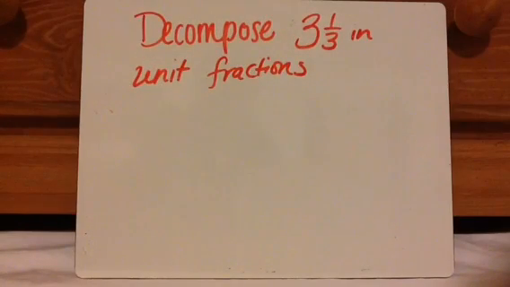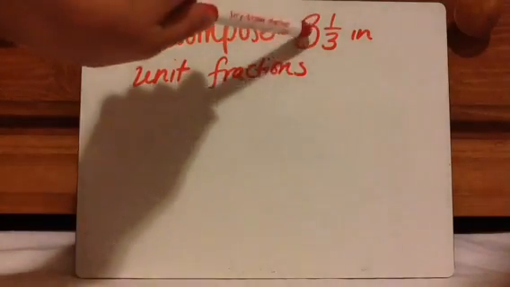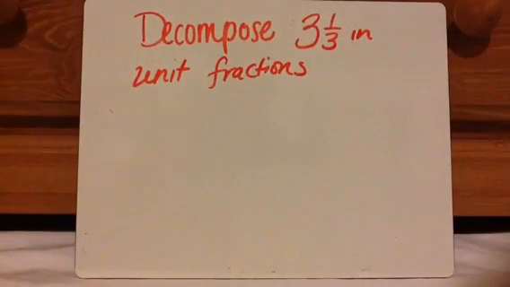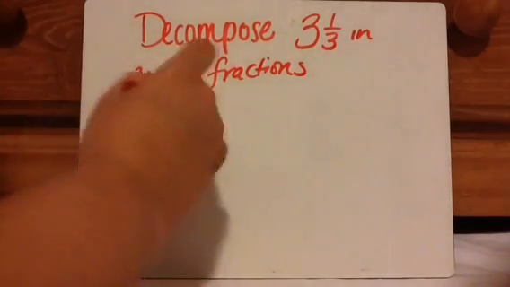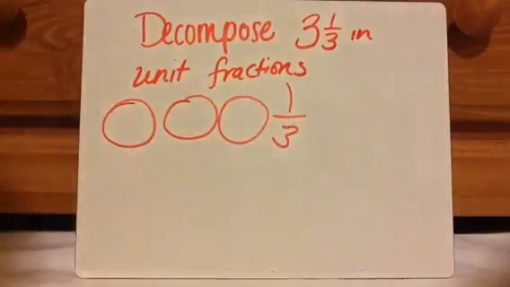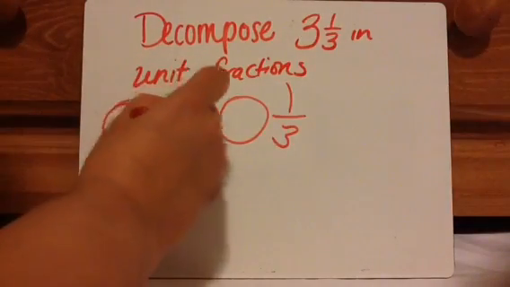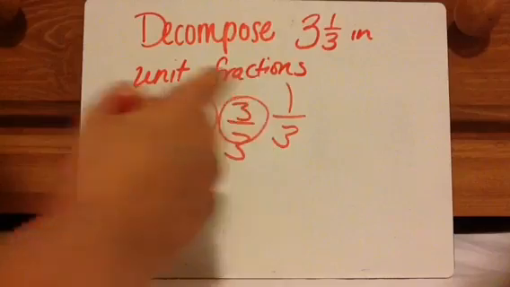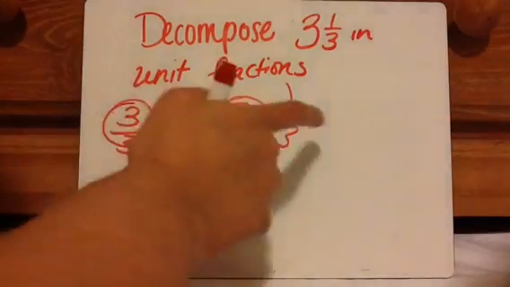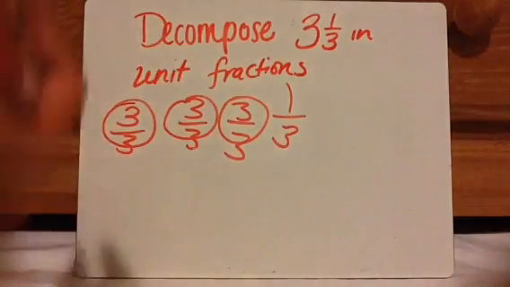So I want you to try this one, decompose 3 1/3 in unit fractions. I am aware that this is more than 1, and so it's the same strategy. See if you can do it. Okay, so think of 3 wholes and then 1/3 on the side. So each whole is going to have 3/3. So 3/3 plus 3/3 plus 3/3 plus 1/3 equals 3 1/3.